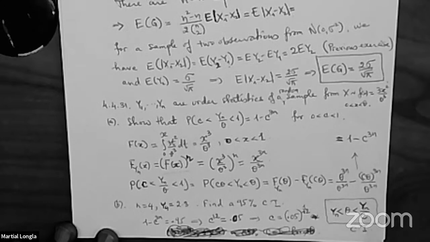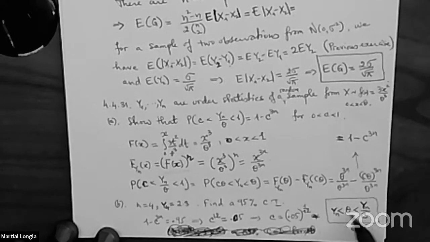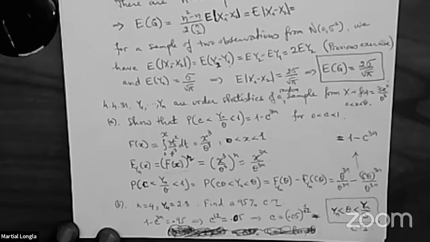So this is the interval that you can build. And all you need to do is find the value of c for the probability of this event to be 0.95. And the probability of that event is 1 minus c to the 3n, which is part A.